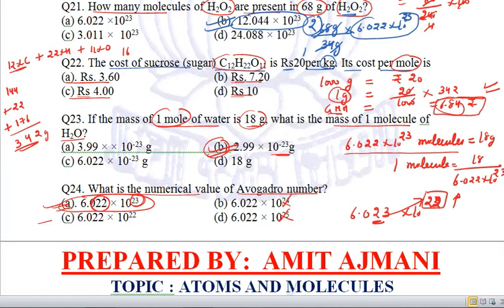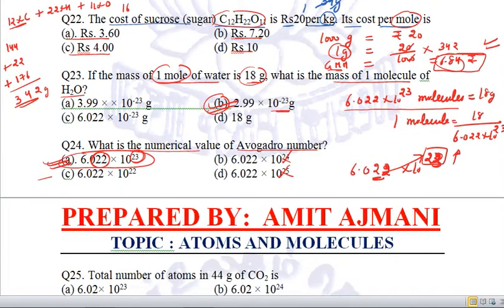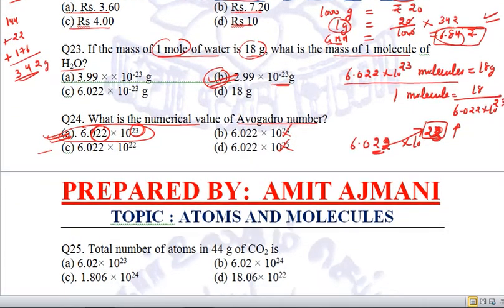That means lower value is 6.022 and above level is more than the lower value. So it should be 23. And in this case, our answer is 6.022 into 10 to the power 23. This is the Avogadro number. Clear?